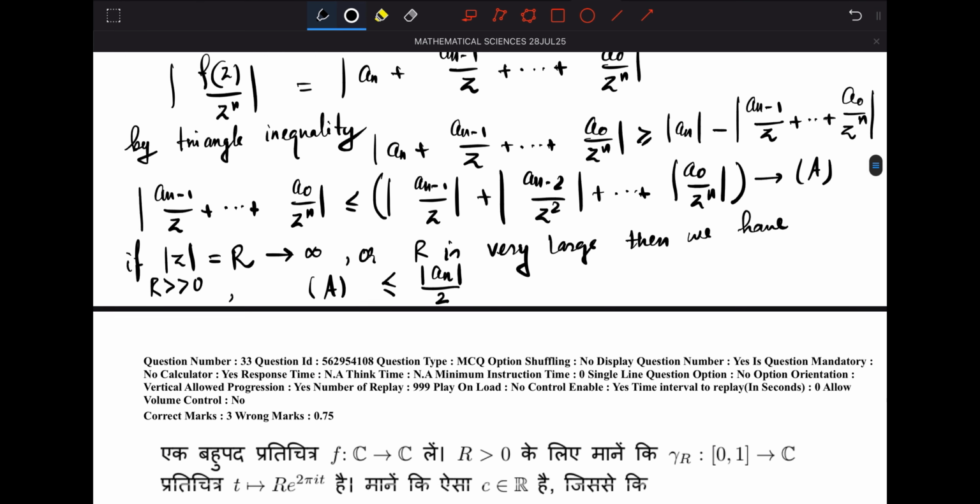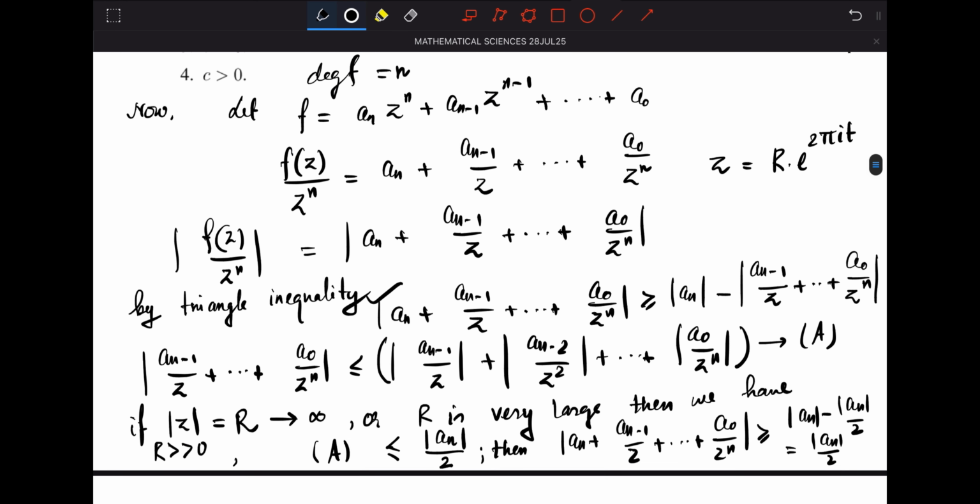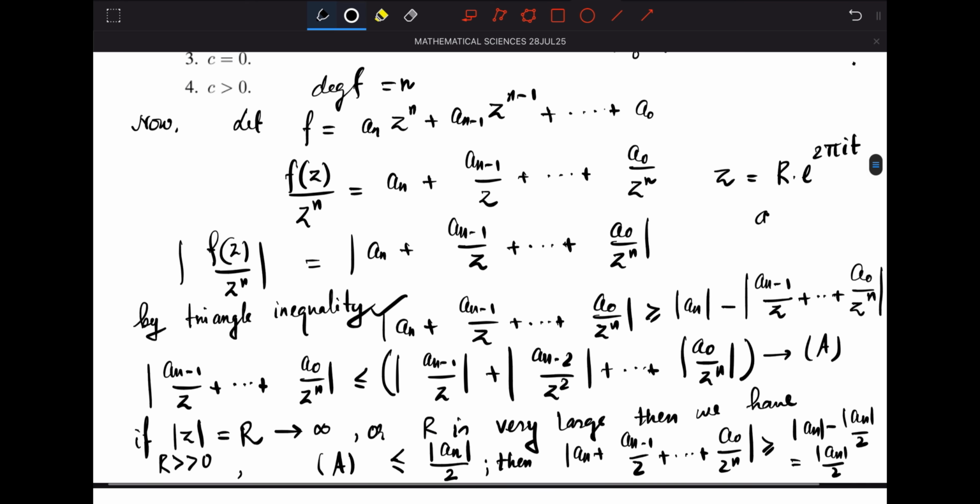So then a_n plus a_{n-1} by z dot dot dot a_0 by z^n is greater than or equal to a_n minus mod of a_n divided by 2, which is mod of a_n by 2, and we assume that a_n is non-zero because f has degree n.